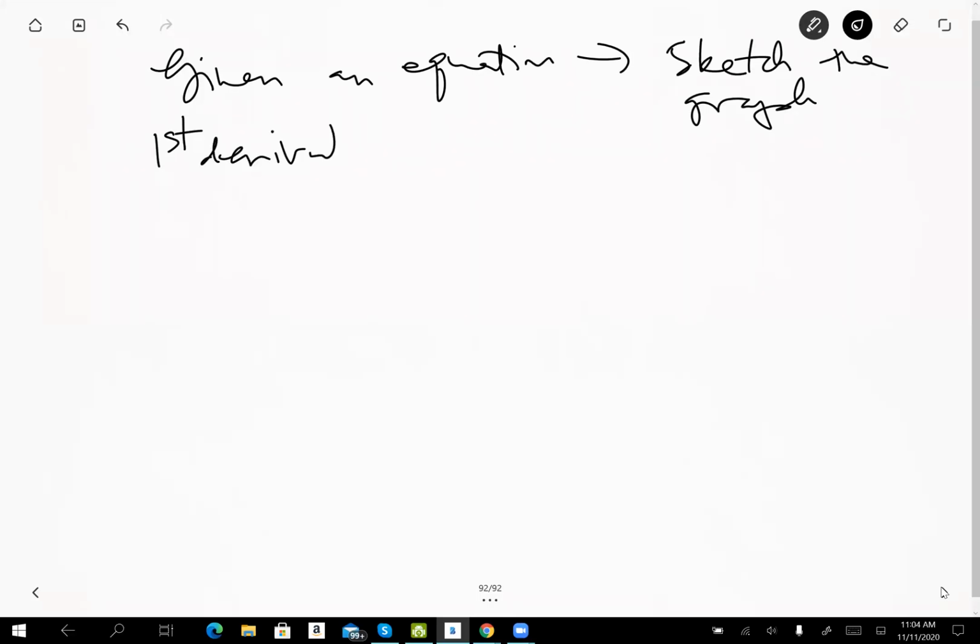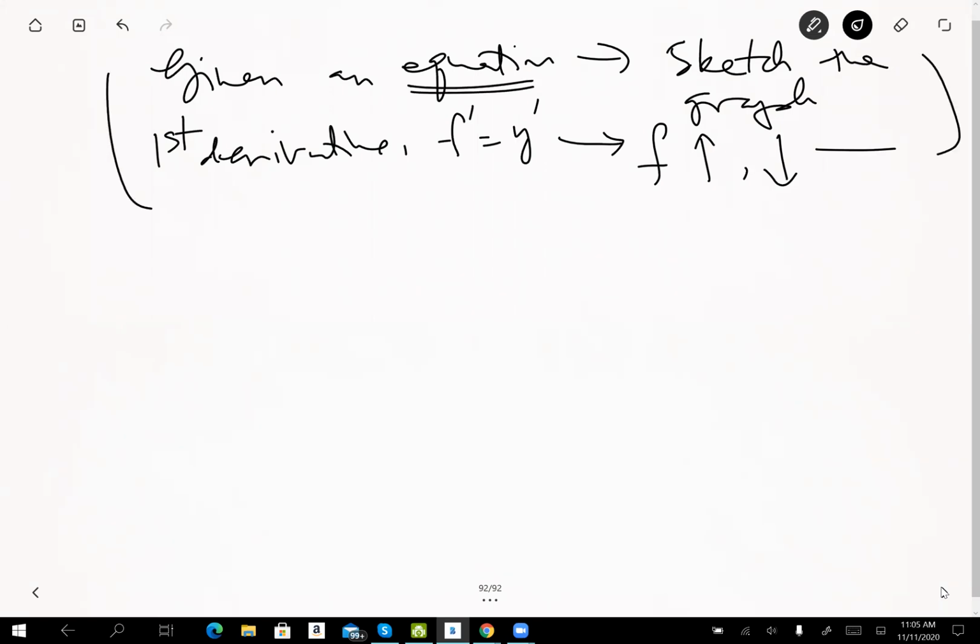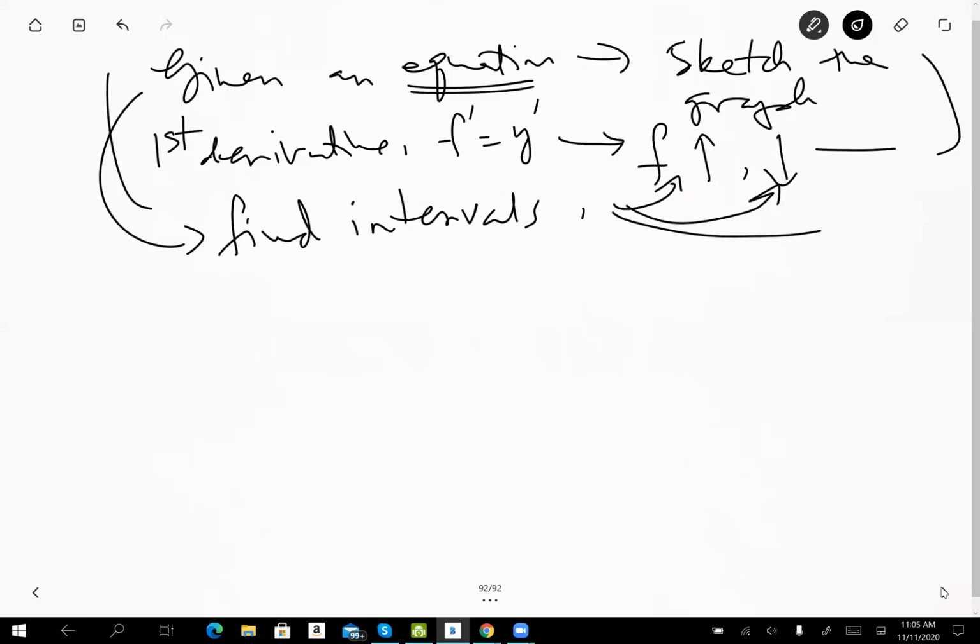That means f prime or y prime, and how it determines the behavior of the function, whether it is increasing, decreasing or stationary. Or given the equation, we can find the intervals for which the function is increasing, decreasing, stationary. And then we can sketch the graph.